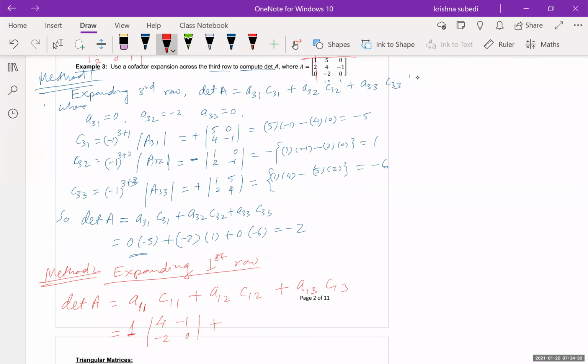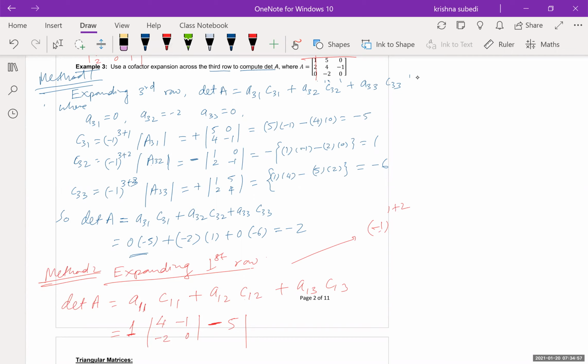plus A12. A12 is 5, and C12 means it will give me the negative sign there. Because remember, the formula is -1 power. Whenever there is a cofactor, we must think this way. For this one, -1 power 1 plus 2, which is -1 power odd, will be negative.